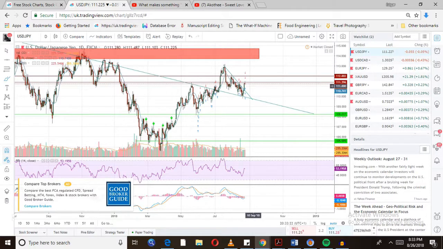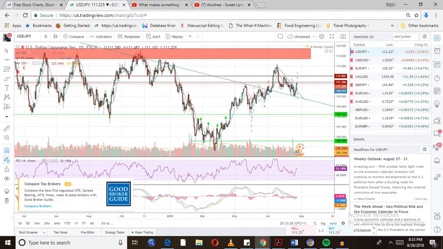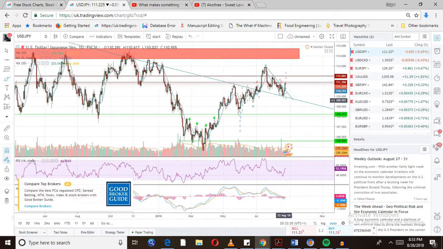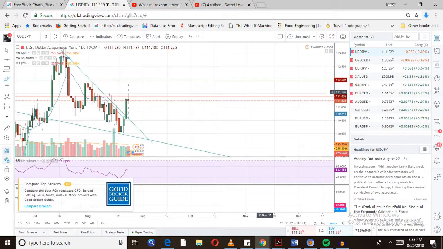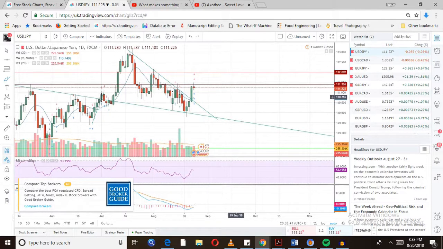From a daily time frame standpoint, we see the price is now respecting this key level of 111.363, a key resistance level. You can see the retracement, and the red candle starting to appear here.